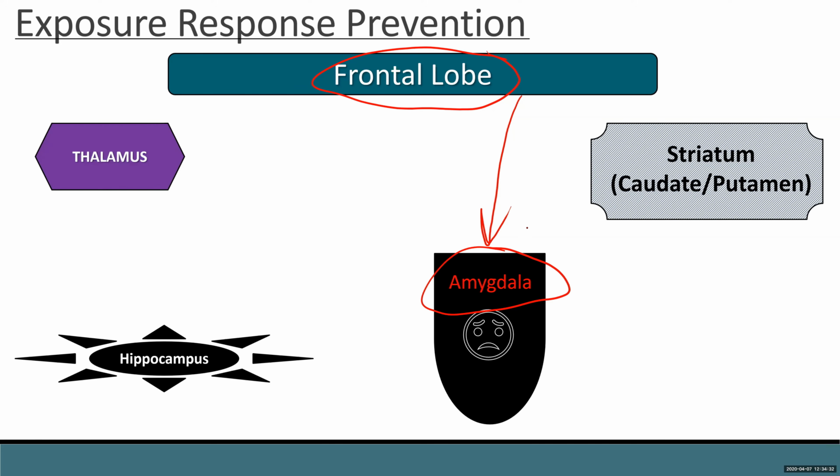It tells the amygdala, okay, hold on a second, you're getting really anxious about this, but let's reason this through. Let's not jump to conclusions here. Let's think about this.